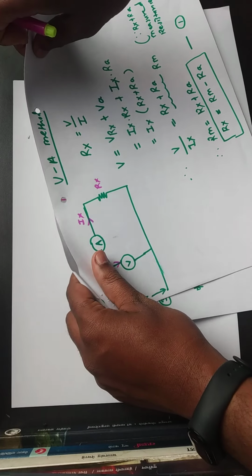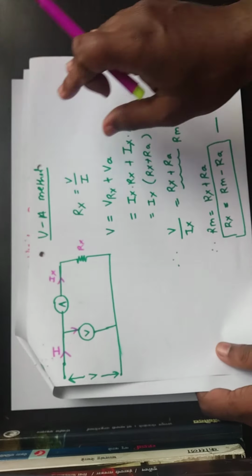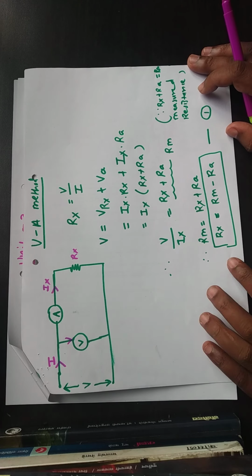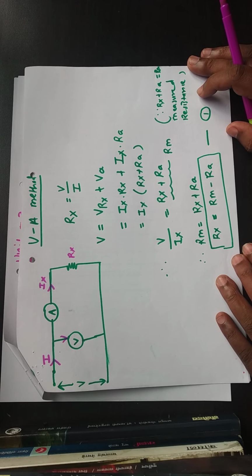Before starting further, we will take a quick review of the last lecture. In that lecture we have discussed the voltammeter method for the measurement of unknown resistance, which is a medium resistance.